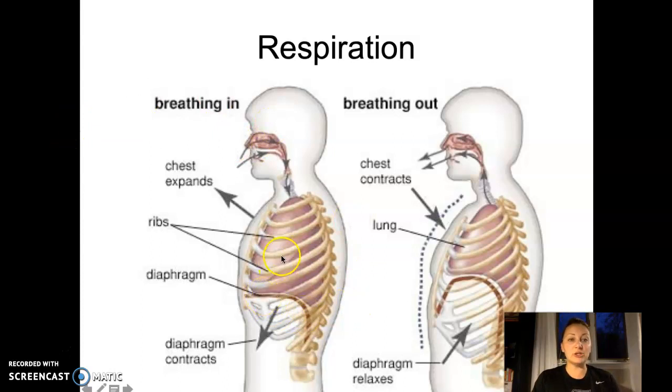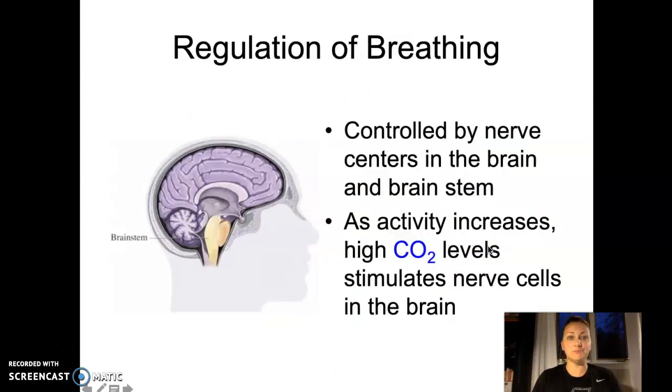So looking in this picture, when you breathe in, the diaphragm moves down. When you breathe out, the diaphragm moves back up. When you breathe in, your chest expands. When you breathe out, it reduces, goes back out. So what controls this? It is your brain stem. Everything to do with keeping you alive has to do with your brain stem.